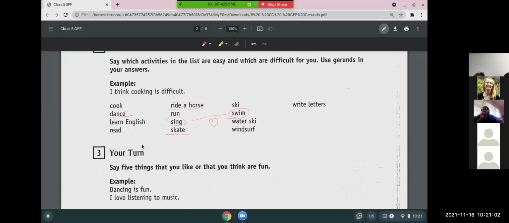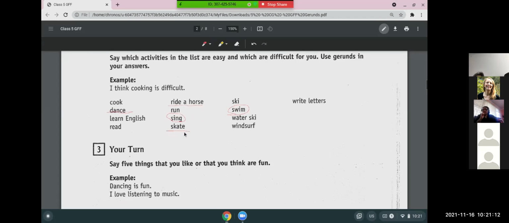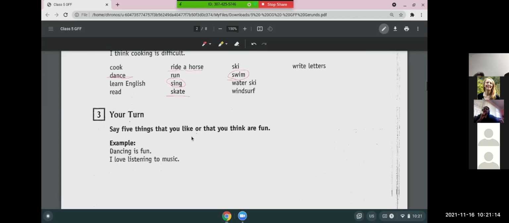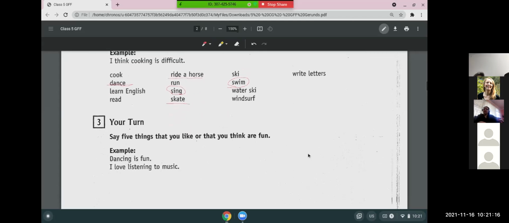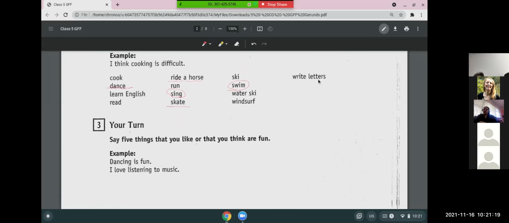What are some other activities that are easy for you then? Writing. It's the same as learning English, but writing sentences is difficult for me.